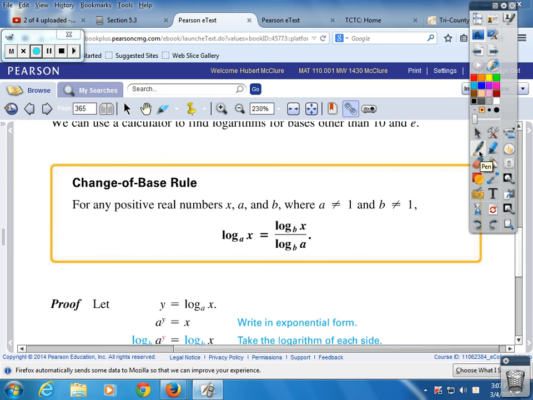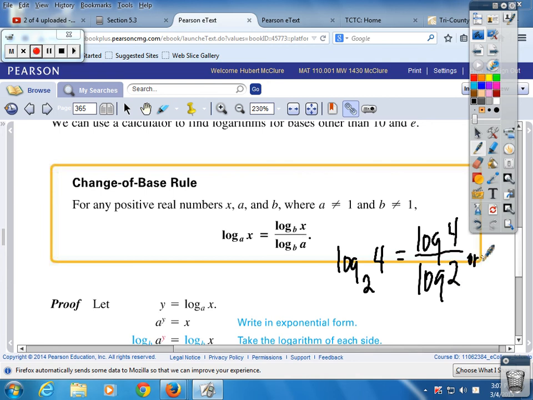Log base 2 of 4 is equal to log of 4 over log of 2, or natural log of 4 over natural log of 2, because this is log base 10 and this is log base E. I don't use natural logs that much, so I do LOG. And that's an example of this.